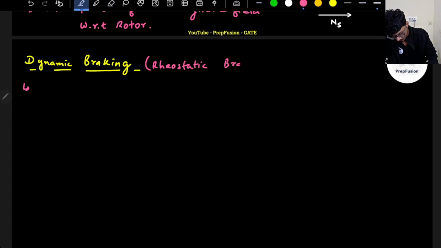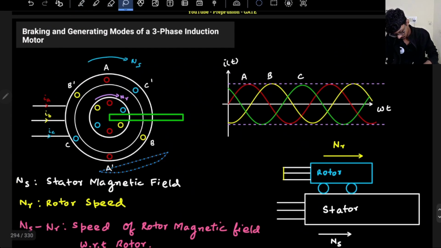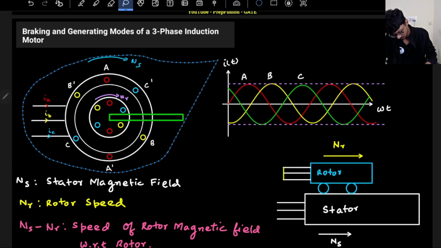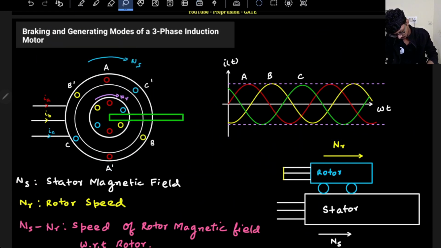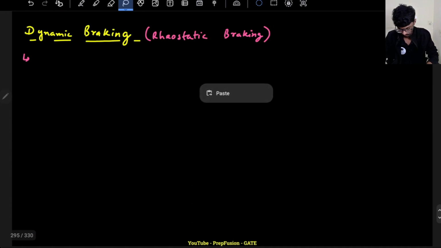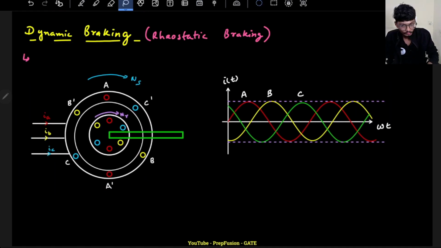Braking, because we connect the resistors as well. So here, one thing we want to discuss is, let's assume that initially I have the coils.